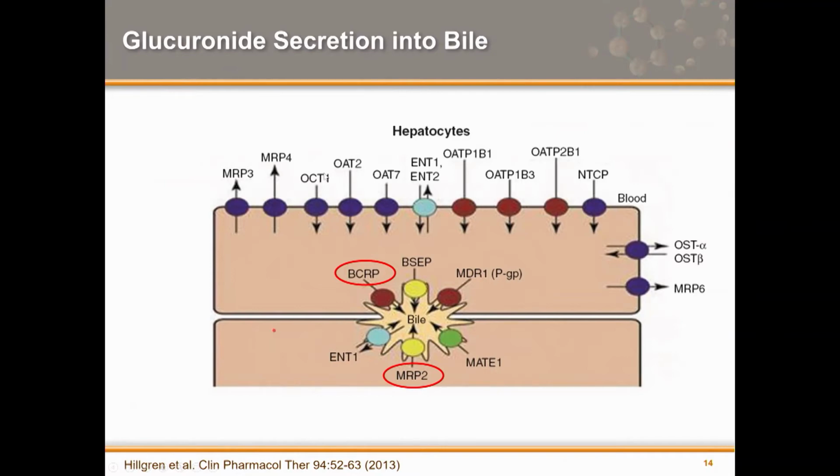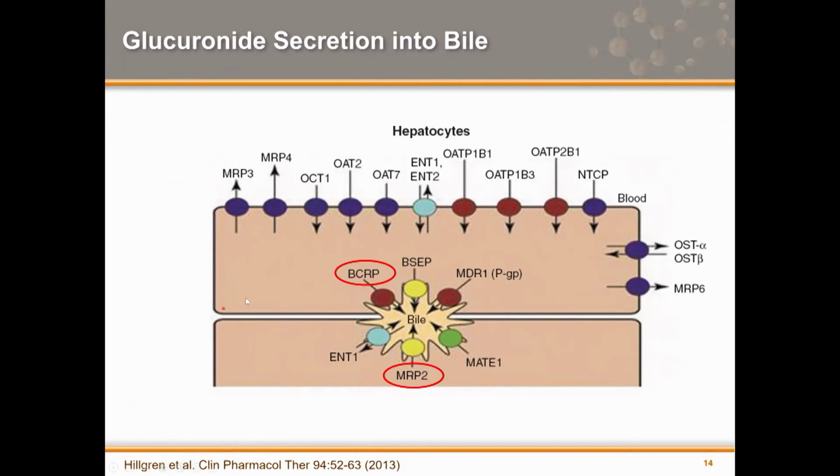They can be highly secreted into the bile after they're formed in the hepatocyte. And the 2 transporters that are most important for glucuronide secretion in the bile are the breast cancer resistance protein, or BCRP, and the multidrug resistance associated protein 2, or MRP2.